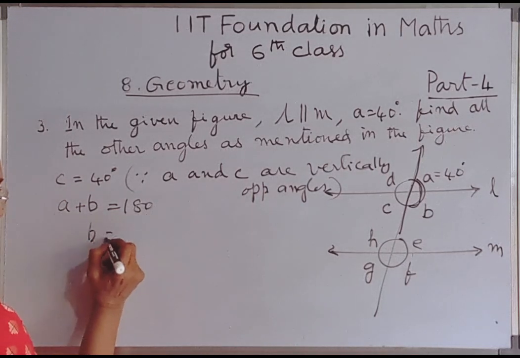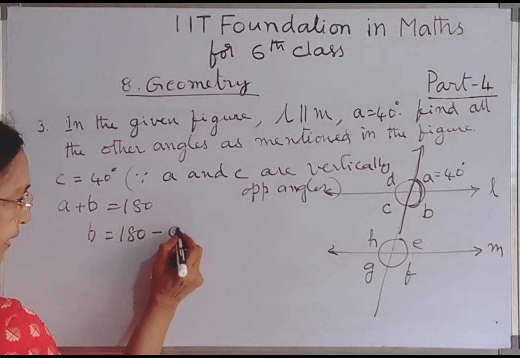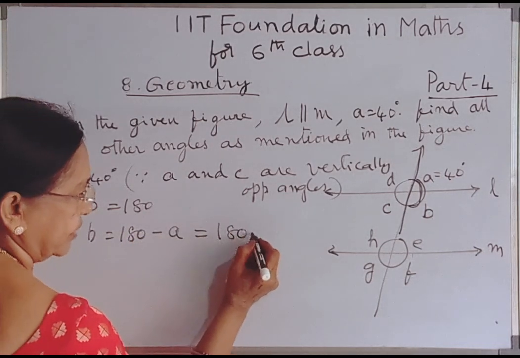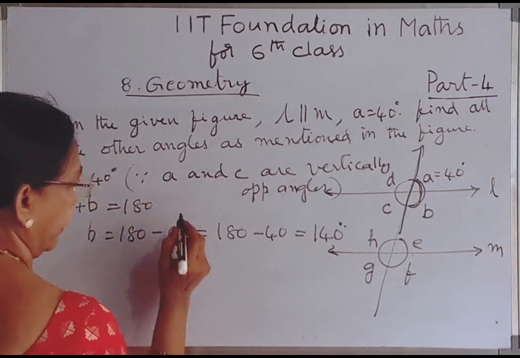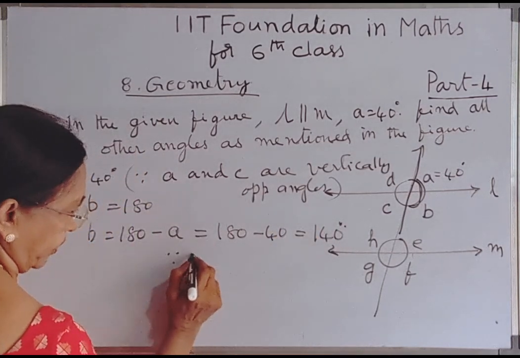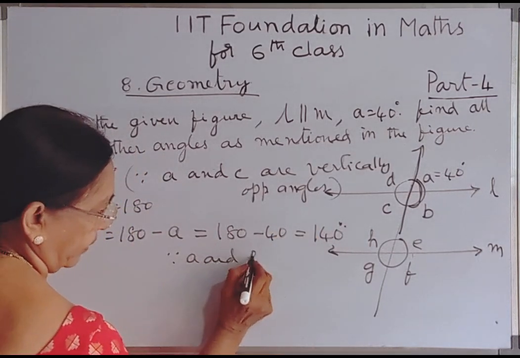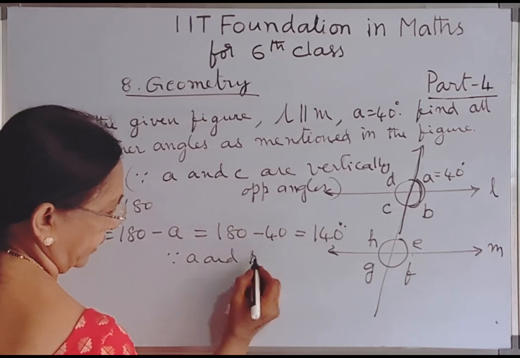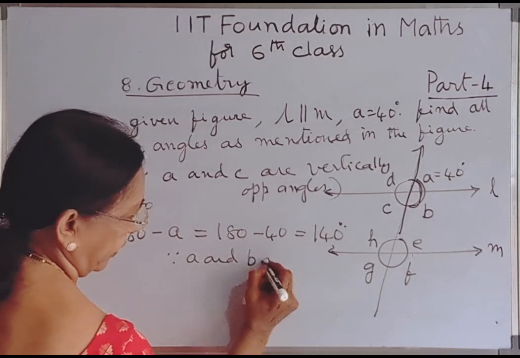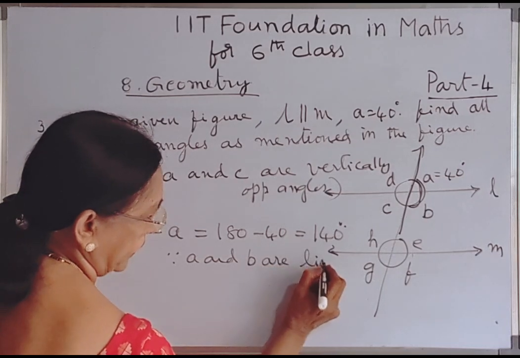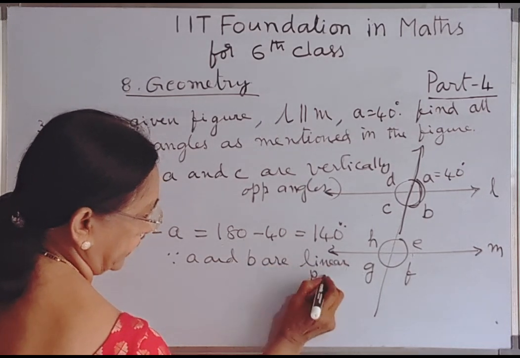Therefore, B is equal to 180 minus A, that is 180 minus 40, which is equal to 140 degrees, because A and B are a linear pair.